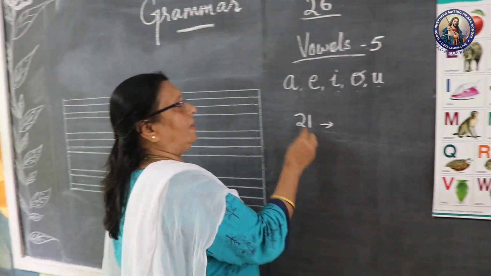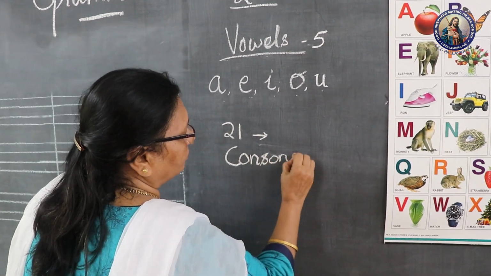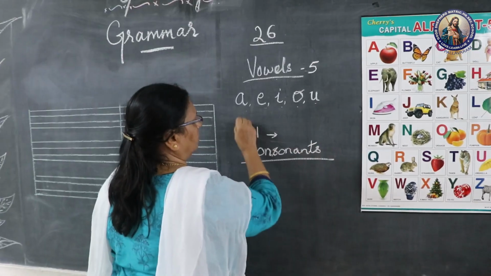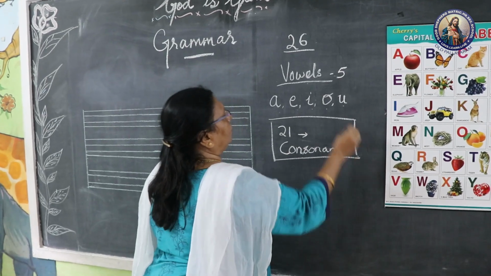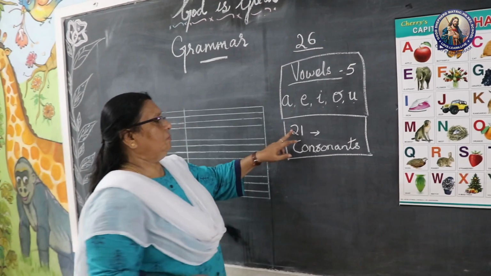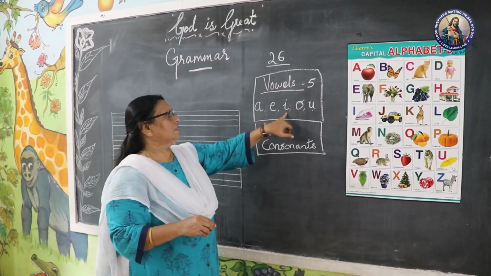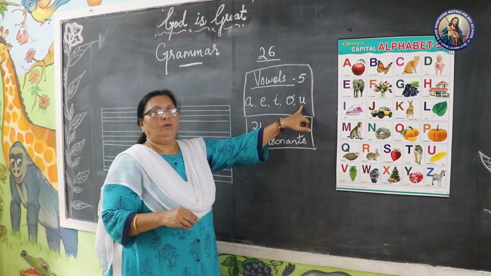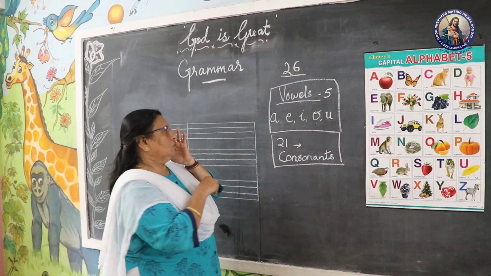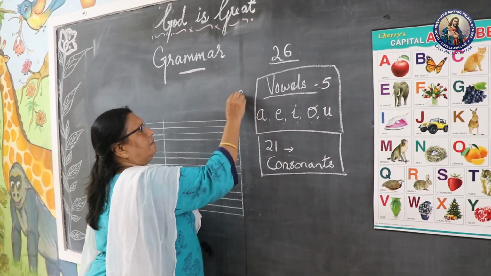The other 21 alphabets are called consonants. So we have 5 vowels and 21 consonants. Words that start with these alphabets will have an article in front of them. This vowels will start with an.